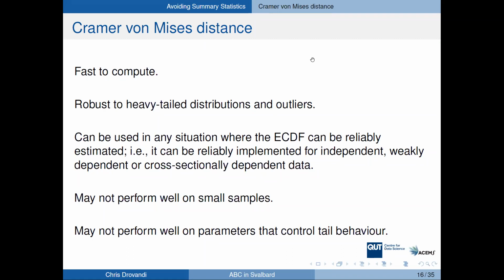We think the reason is that the estimate of the empirical CDF can be quite noisy. Finally, it may not perform very well on parameters that control the tail behavior. As I mentioned before, the CVM distance isn't particularly sensitive to what's happening in the tail. So if we have parameters that are controlling this tail behavior, then we may not get very precise inferences for those parameters.